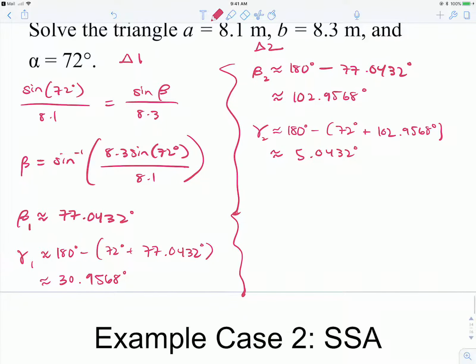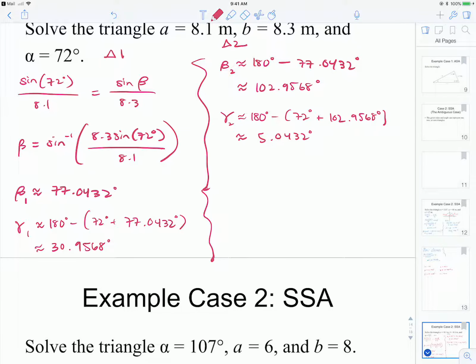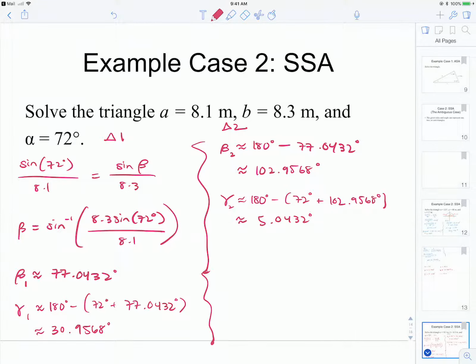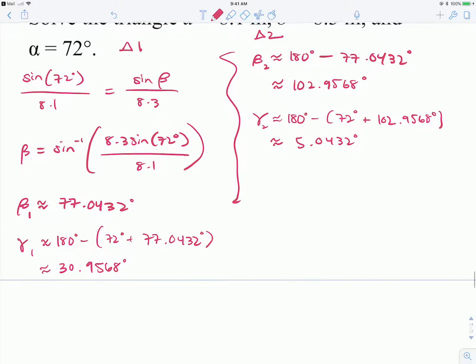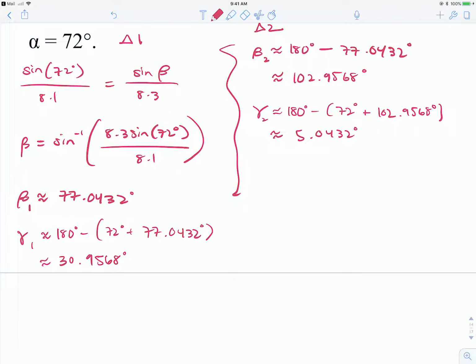Okay, so now we need side C for each of these triangles. I'm going to add a page. Okay, so side C, oops. So using the given information as much as possible.